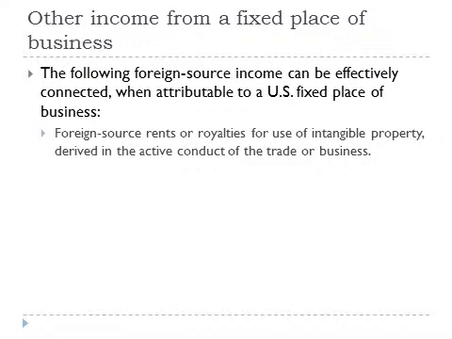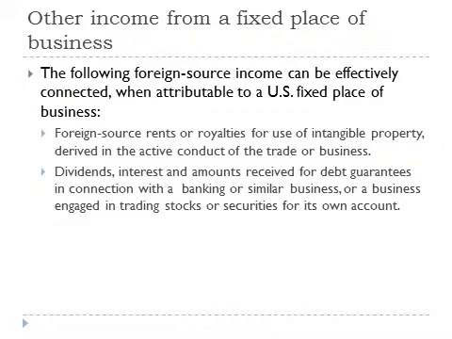Foreign source rents or royalties for use of intangible property derived in the active conduct of the trade or business. Dividends, interest, and amounts received for debt guarantees in connection with a banking or similar business or a business engaged in trading stocks or securities for its own account.